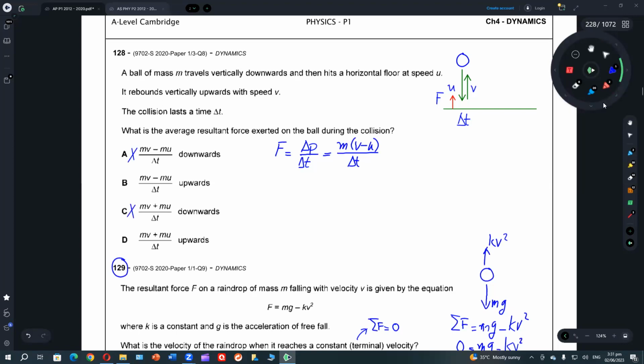So there are two options. Now, velocity is changing its sign. So if downward is positive, upward is minus. Now see this working.